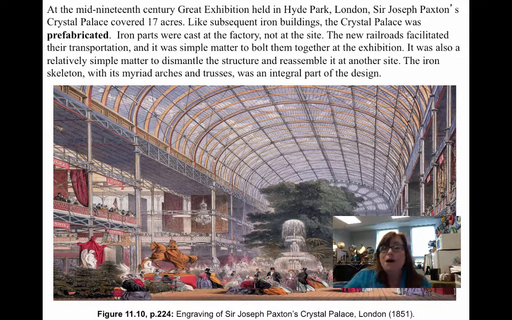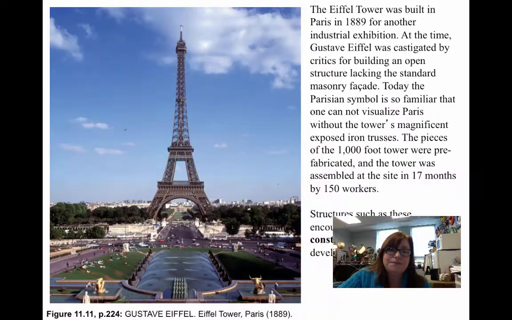And what was popular about this were the massive glass walls where the iron parts are holding everything up and holding everything together. And basically it was an iron skeleton with all of these arches and trusses and so forth. And the skeleton provided the framework for the glass to be laid on it.